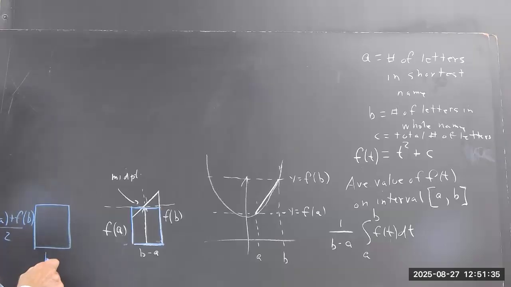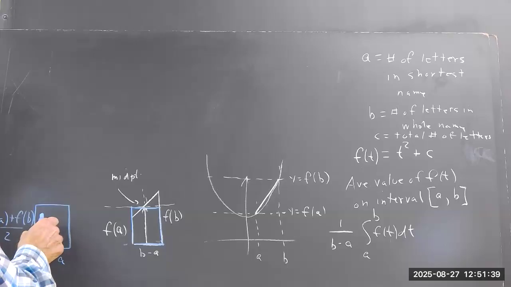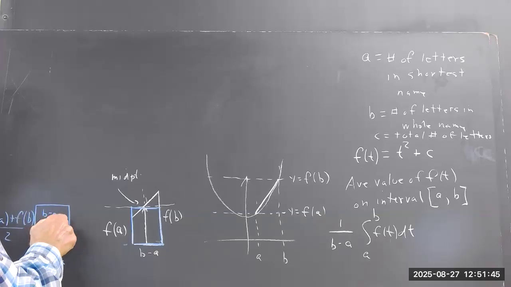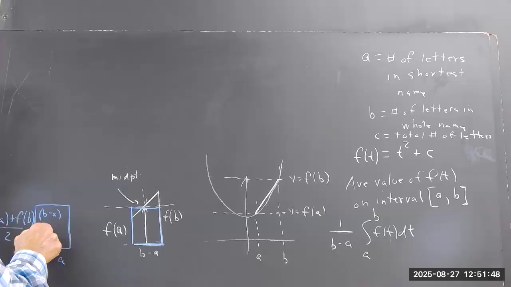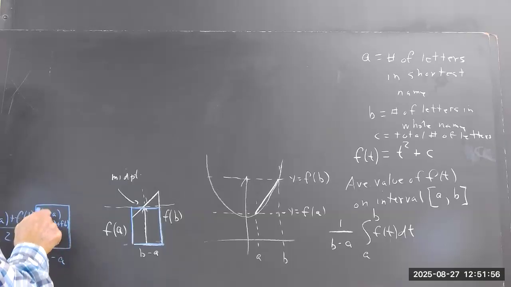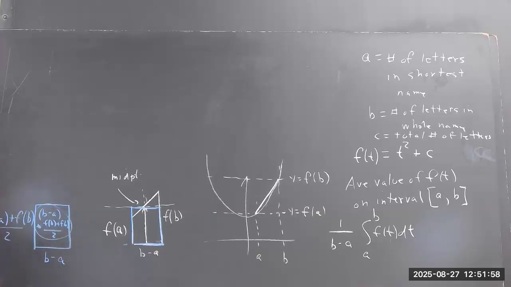And this is B minus A. So the area is, let me leave myself room to write it. It's written too small to see, but it's this times this, right?